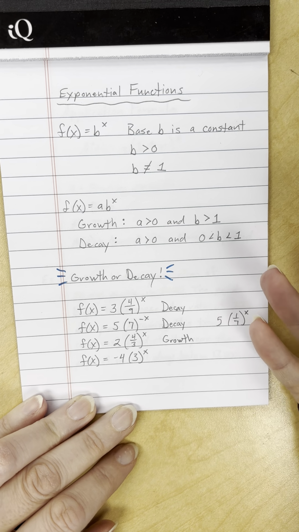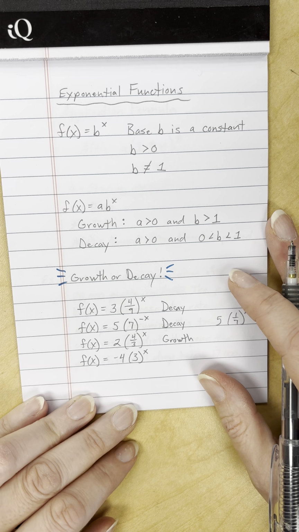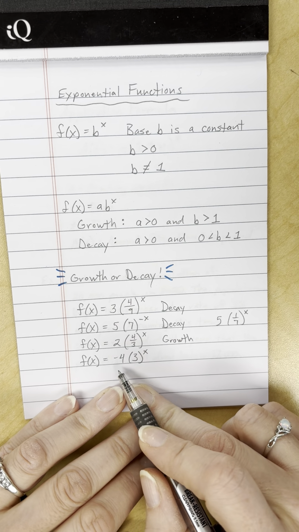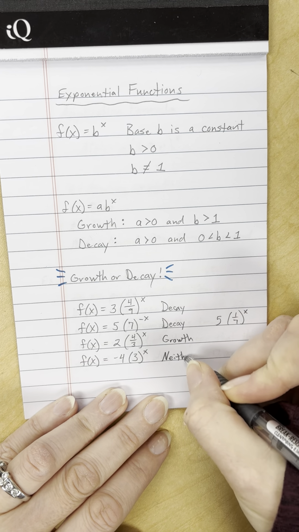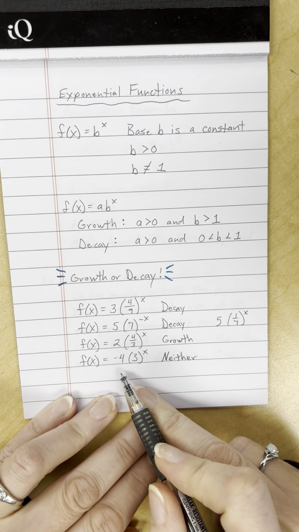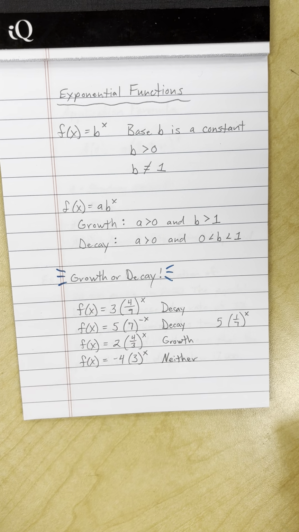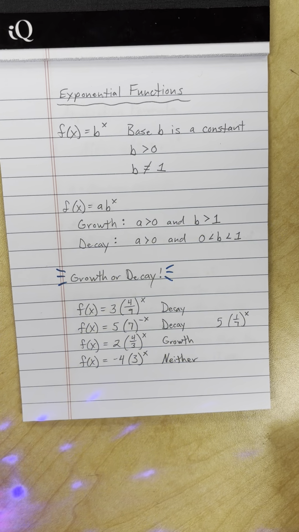So maybe it's decay. Or if my a value is not greater than 1, maybe it's none of the above. Gotcha. It is neither growth nor decay because the a value, the multiplier out front, is less than 0.